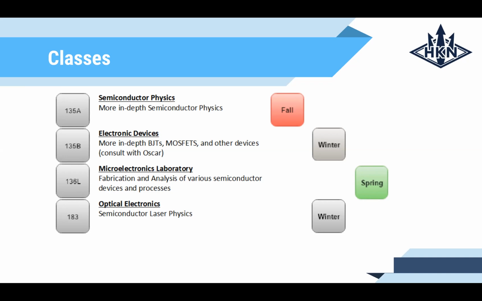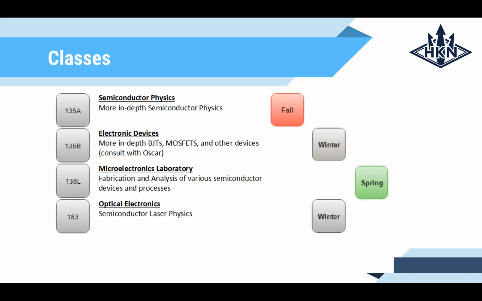You also get to study some solar panels, which, by the way, are also made out of semiconductor materials. There's also a lab class, ECE 136L, that takes you through the entire fabrication process for some of your devices, like the diode and the MOSFET. It also teaches you general fabrication engineering or process engineering principles along the way.